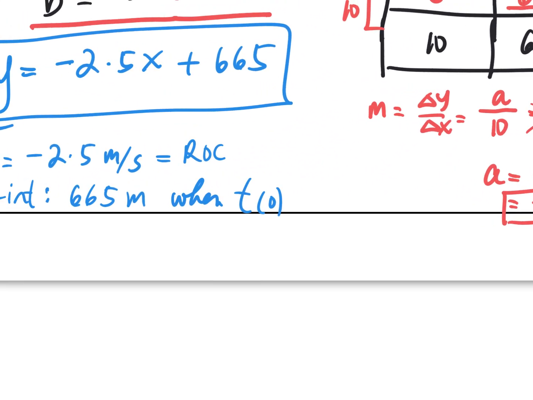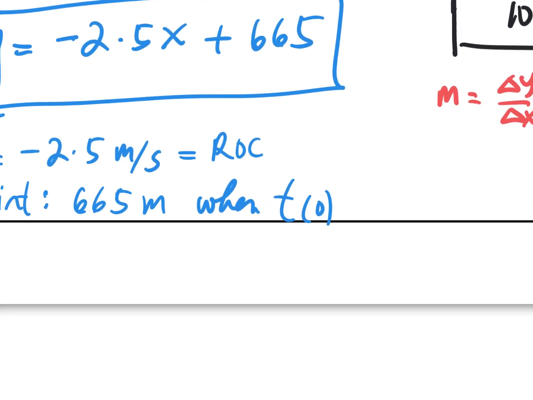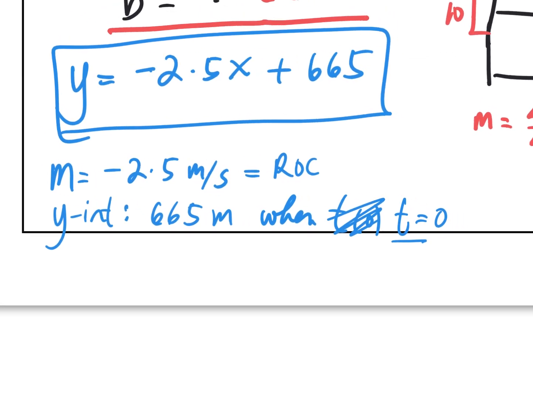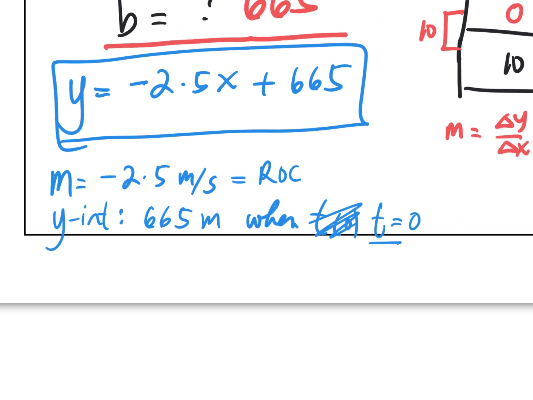It means the balloon's height is 665 meters above the ground when t is equal to 0.